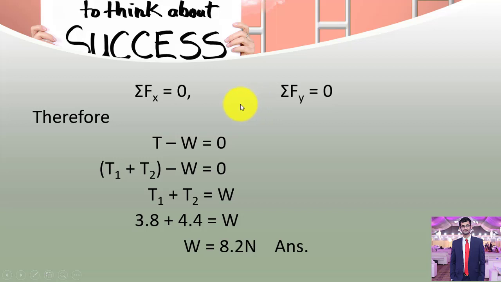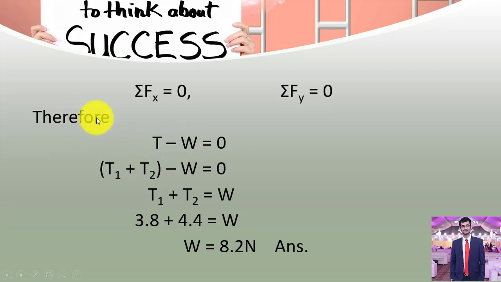That is because the sum of all the forces acting along the x-axis and the sum of all the forces acting along the y-axis must be equal to 0 for an object to be in equilibrium. Therefore, T minus W is equal to 0, where T is the tension in the strings and W is the weight of the picture frame.